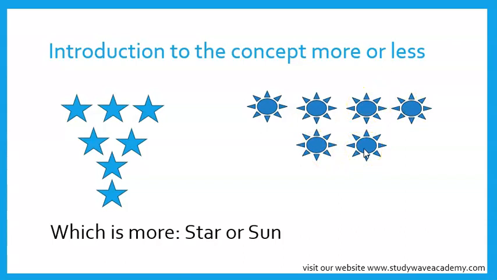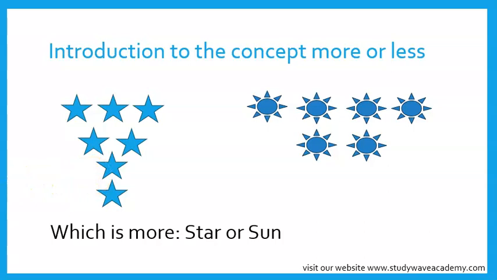There are 6 suns. So which is more and which is less? The star is more than the sun, right? The star is 7, so the star is more. Okay? So here the star is more.